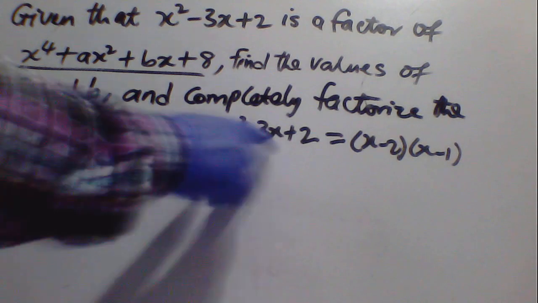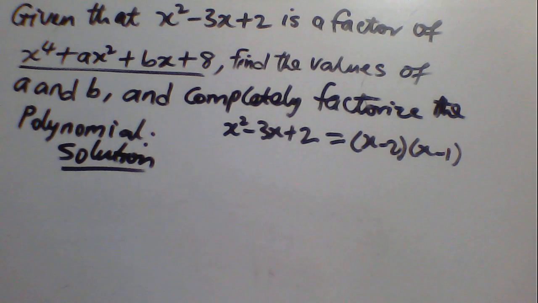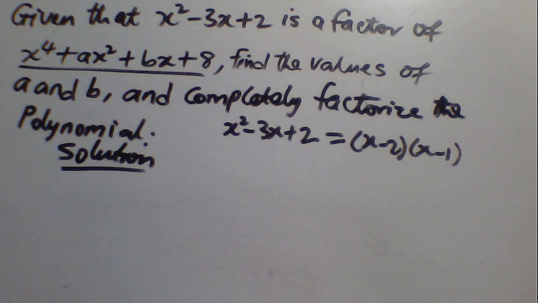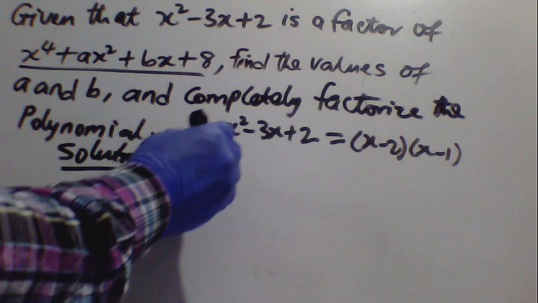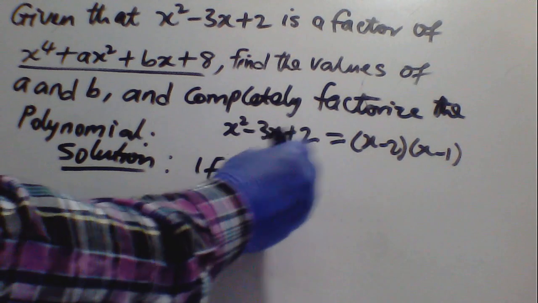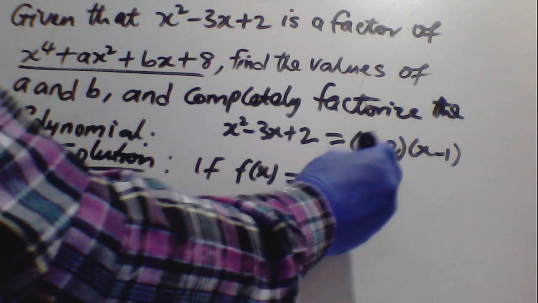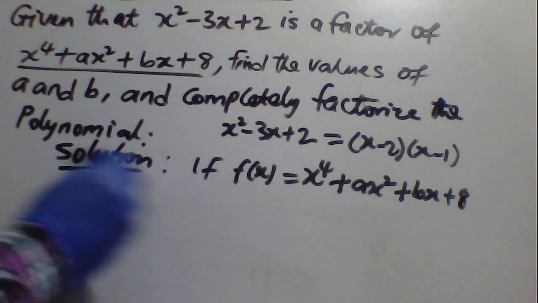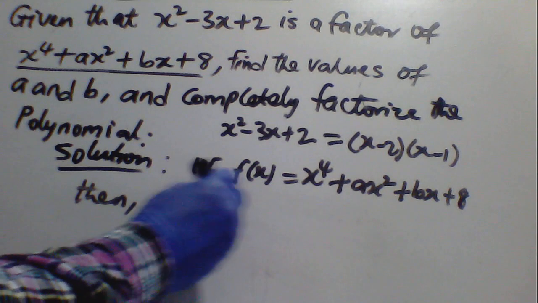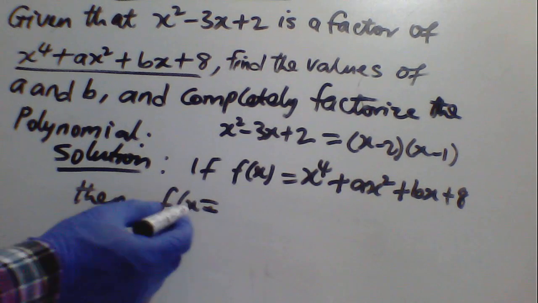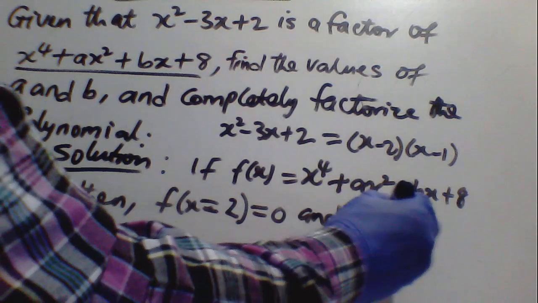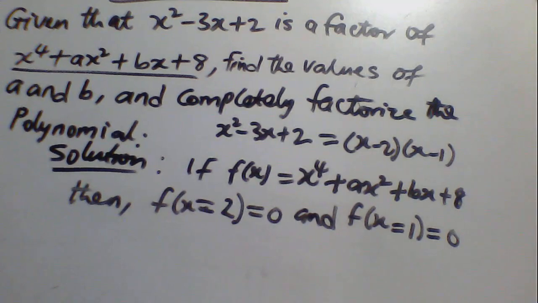Since we know that this is a factor of the given expression, it means that f(x) equals x to the power 4 plus ax² plus bx plus 8, and since this is the factor, f(2) will be equal to 0, and also f(1) will be equal to 0 if you apply the factor theorem.